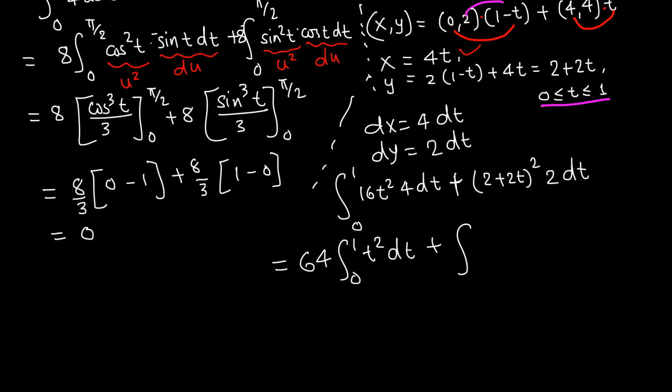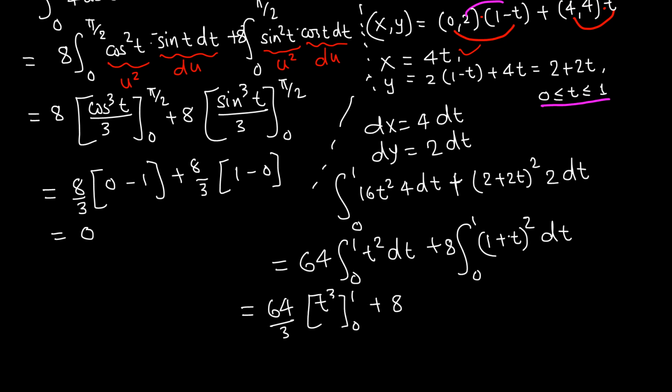So we have 4 outside, 4 times 2 is 8, and that leaves (1 plus t) squared dt from 0 to 1. So let's integrate these. t squared gives t cubed over 3, we can put the 3 here, from 0 to 1, plus 8. The derivative of 1 plus t is just 1, so we can use the simple power rule here.